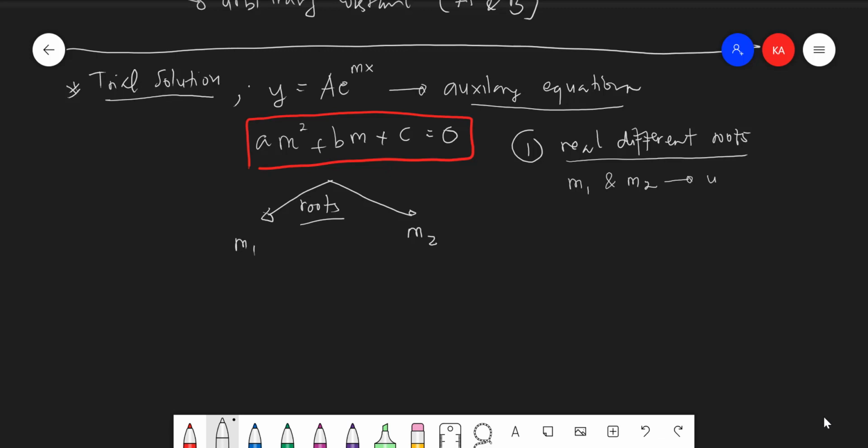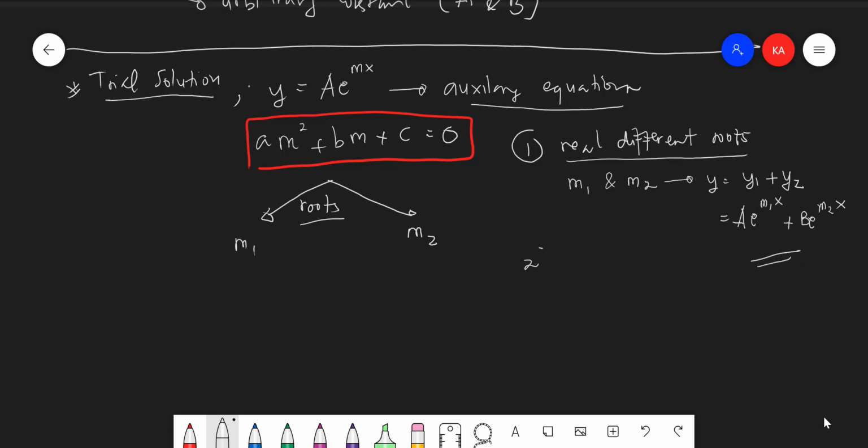So the solution is y is equal to y1 plus y2 is equal to a e power of m1x plus b e power of m2x. So this is the general solution if we have real different roots m1 and m2.